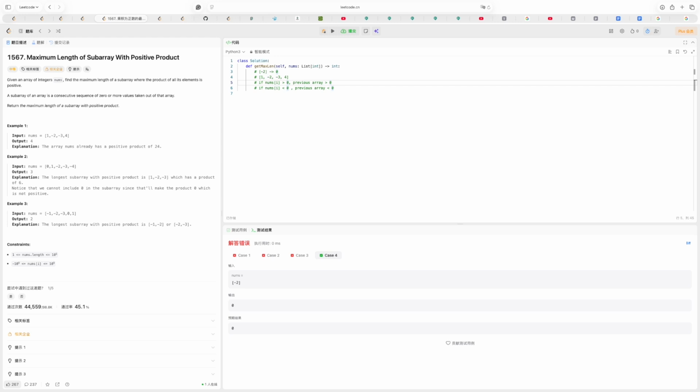Maybe we can define the length of the array that ends at nums[i]. Because if this is positive, then we can add this.